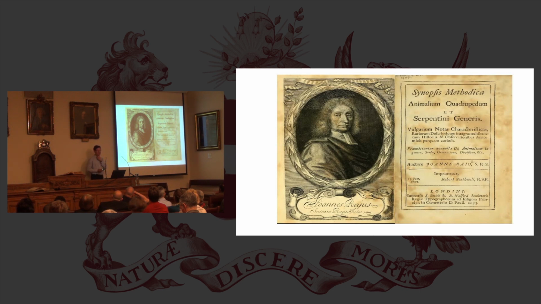And this was his book called Animalium Quadrupedum, and when Linnaeus cites Raja Quadrupedum, he is referring to this book by Ray of 1693. Quadrupedal animals, also serpents, lizards and snakes and so on.